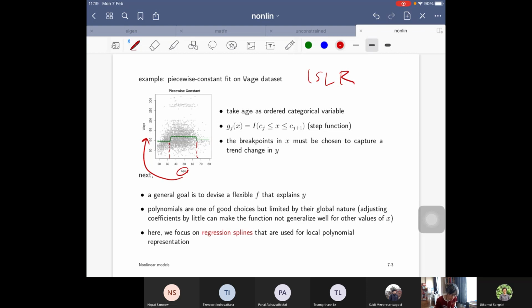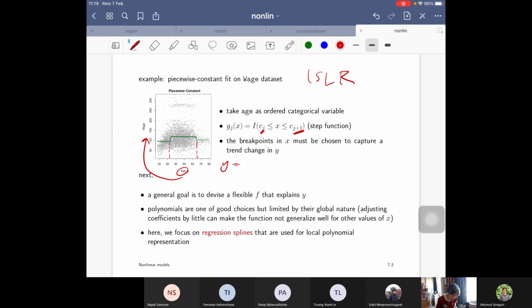The breakpoints here are the values c_i, and it depends on you how many breakpoints you want to use. Then you fit.